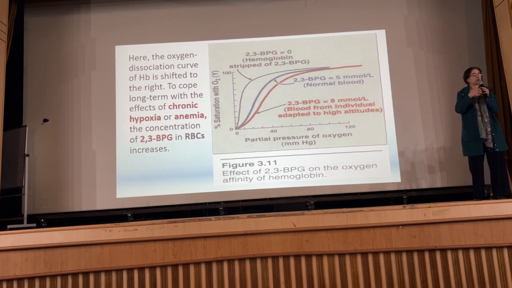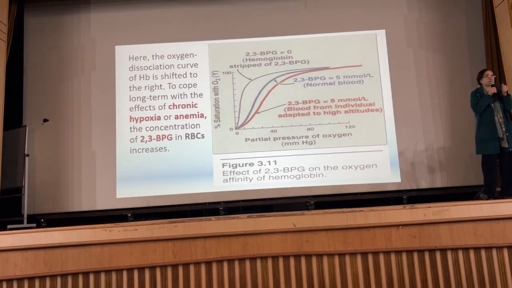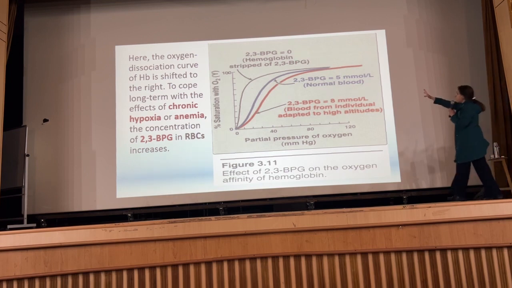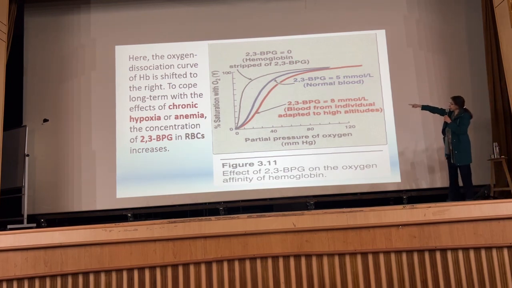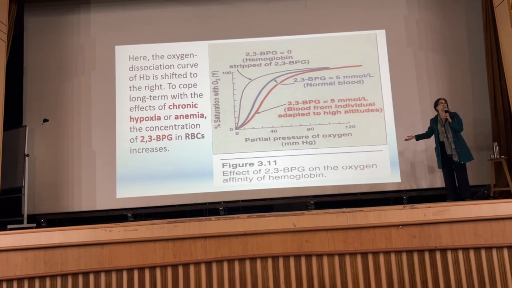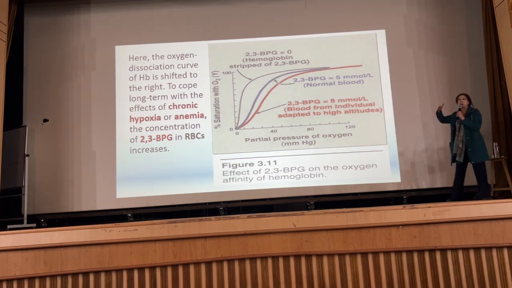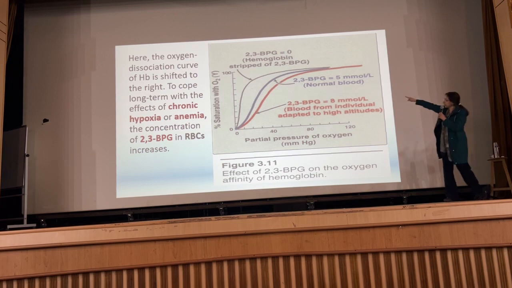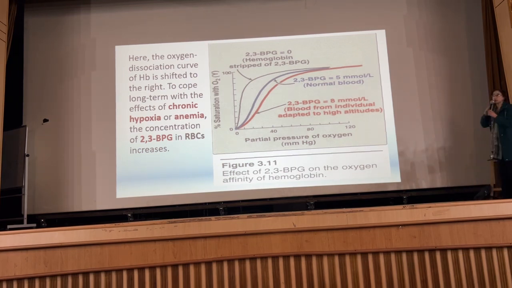Whereas if you have a higher concentration of BPG than normal, it will lead to the opposite. And the one in blue is the normal concentration of BPG. Again, this is how it affects oxygen saturation.